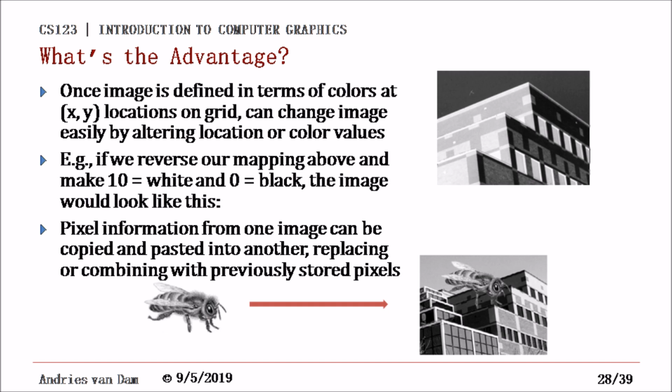Number 3, pixel information from one image can be copied and pasted into another, replacing or combining with previously stored pixels. For example, a B can be placed on the image easily by handling pixel information, as you can see in the figure below at the right side of the slide.